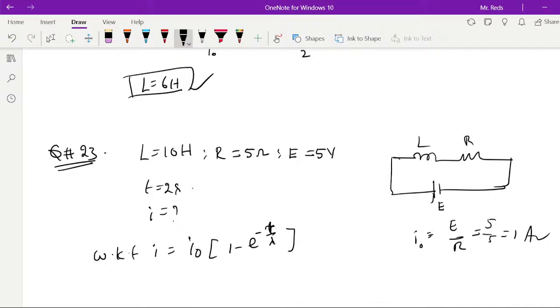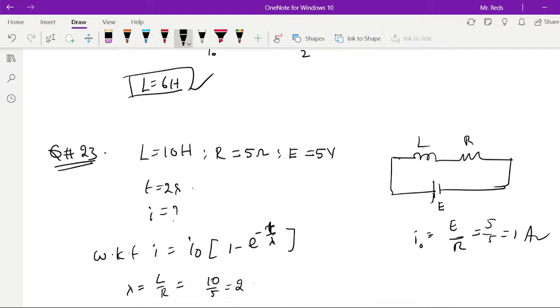If this time is equal to lambda, then we call it the inductive time constant, and the current is 63% of the maximum. That is a different thing. Here lambda is the time constant, which is equal to L by R, which is 10 by 5, equal to 2.